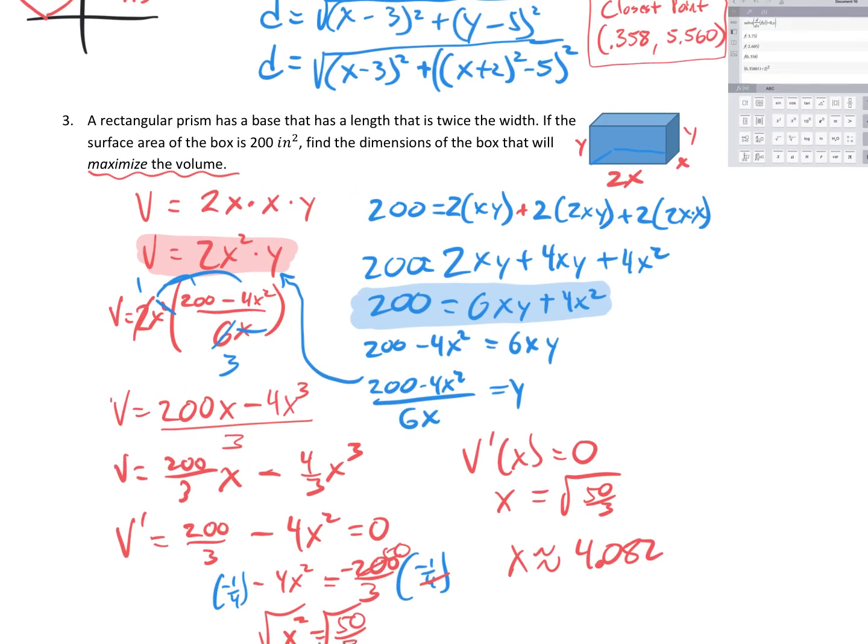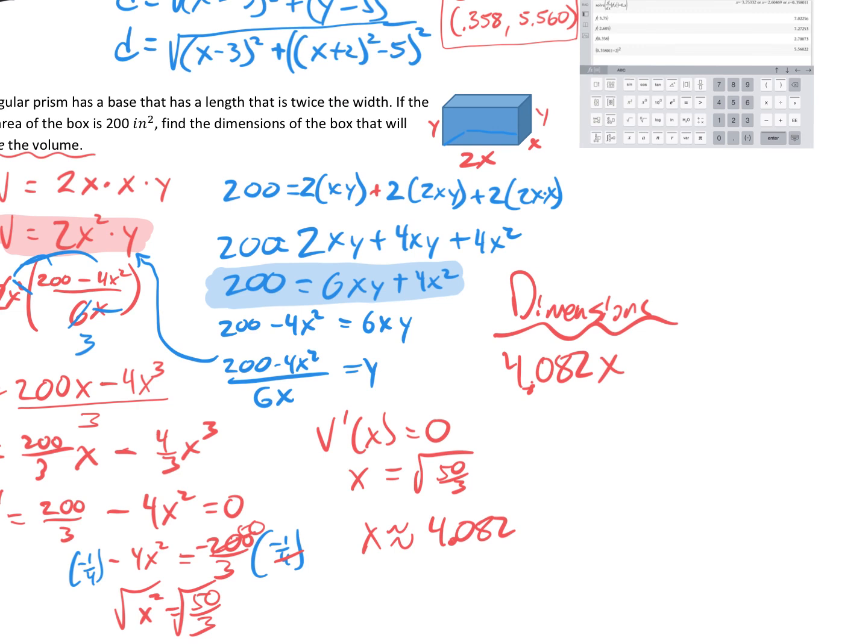Now we've got to go back and check. That's not the final answer. Well, it's partly the final answer. The question was to find the dimensions of the box that will maximize the volume. We found the x. We can find the rest using this information here and the fact that it's 2x. So our dimensions are 4.082 by double that.